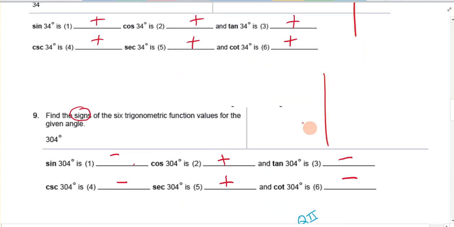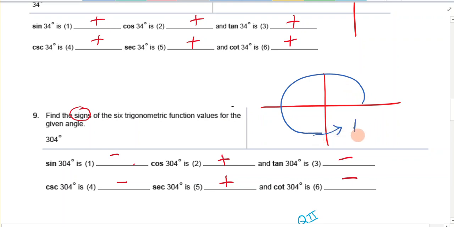If we think about where 304 is, we know here's 270, so we're somewhere over here. We're in quadrant 4. What's positive there? Cosine and secant. Everything else is negative. So I've put cosine and secant positive, the others negative. So you really have to just figure out which quadrant you are in to answer these.